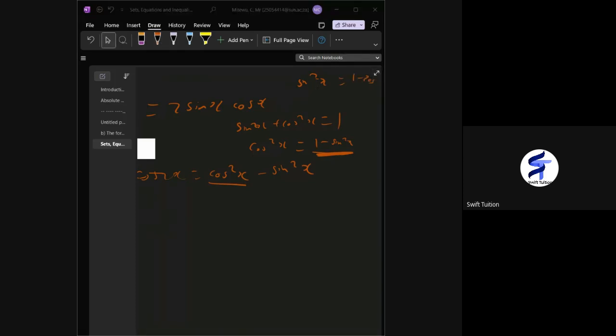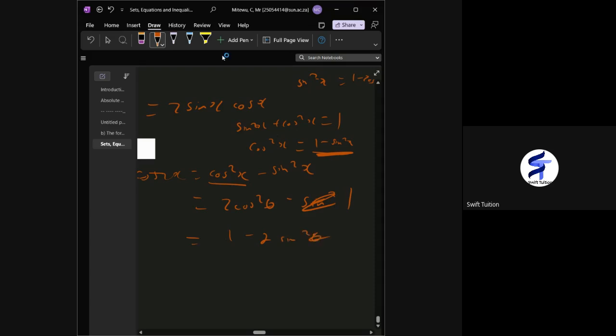Then you take cos squared x and replace it with 1 minus sine squared. The other is where you substitute for sine, giving 2 cosine squared x minus 1, and then 1 minus 2 sine squared x. So these are things to memorize.